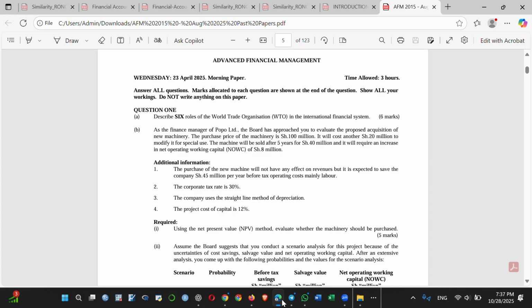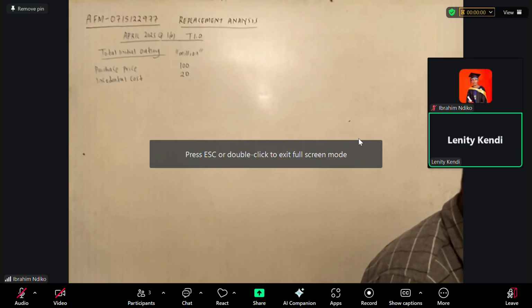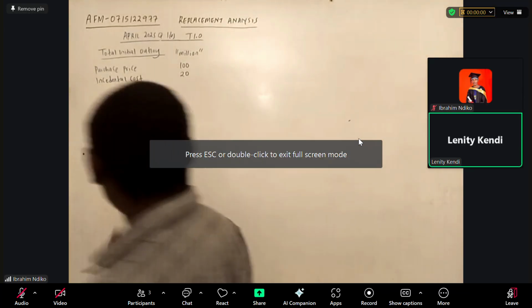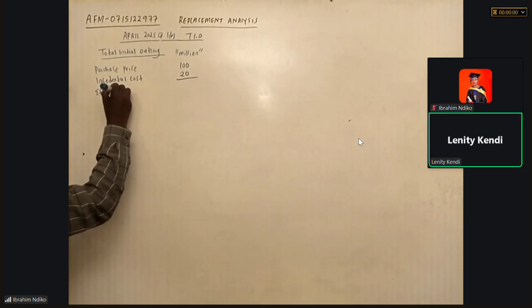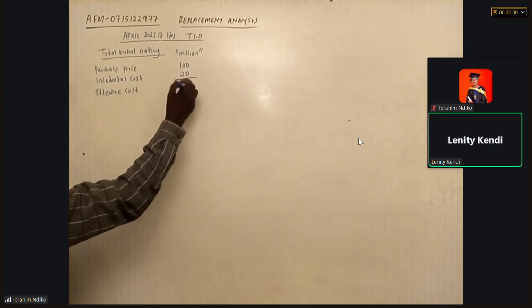So when you talk about incidental cost, these are costs which are incurred before the use of the machine, kwa machine ifike kwa factory ianze kufanya kazi. So maanisha watamodify kwanza the machine before ianze kazi. So there's no other cost hapo. So we get the effective cost of 120.